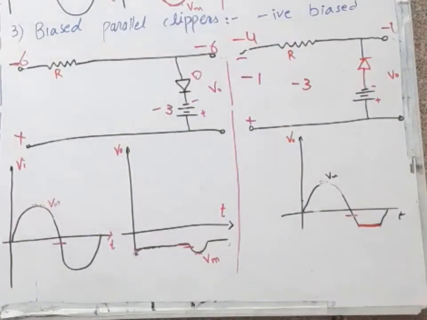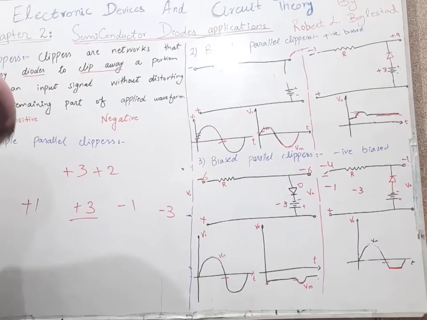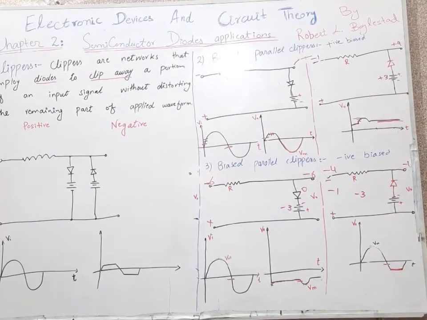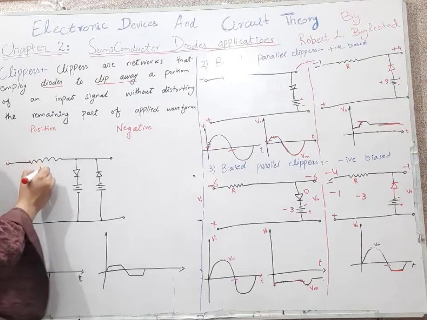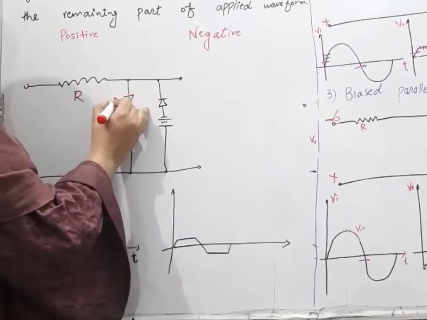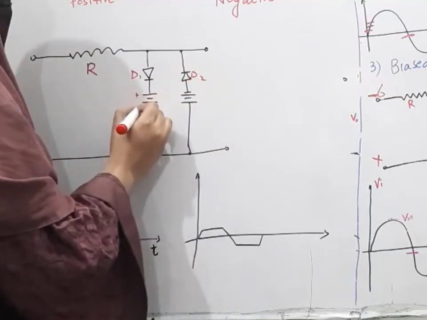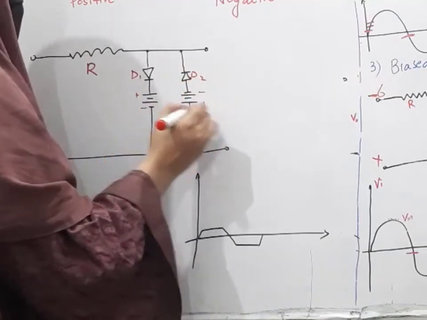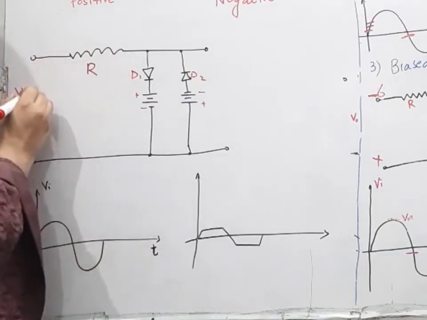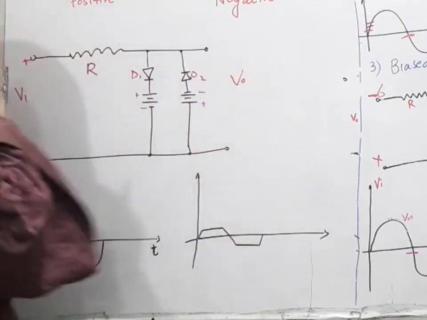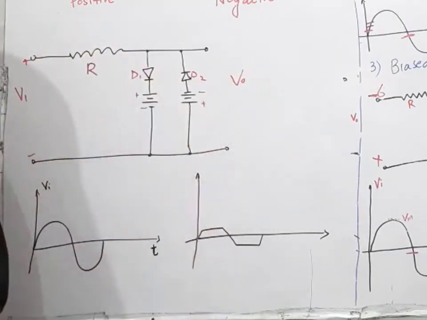Now I am drawing a combined circuit. Now this is the combined circuit. This is our resistance, diode D1, diode D2, battery, and our input waveform will be here, and we will get output waveform at this point across these two diodes.